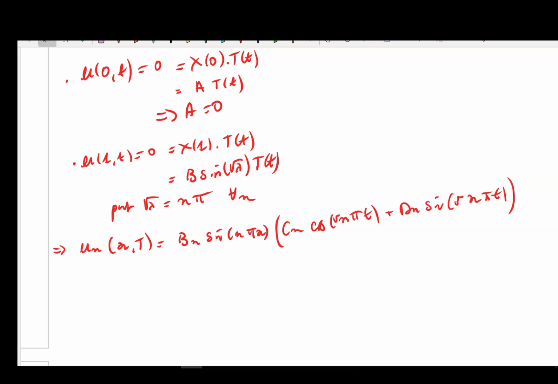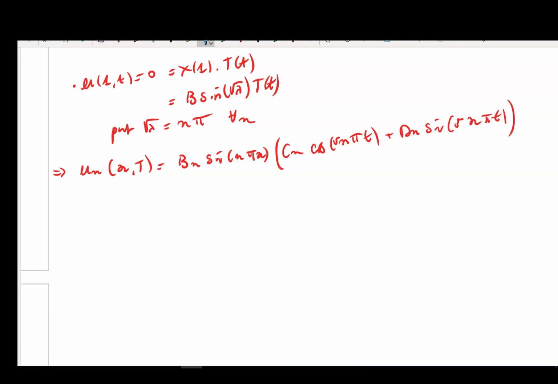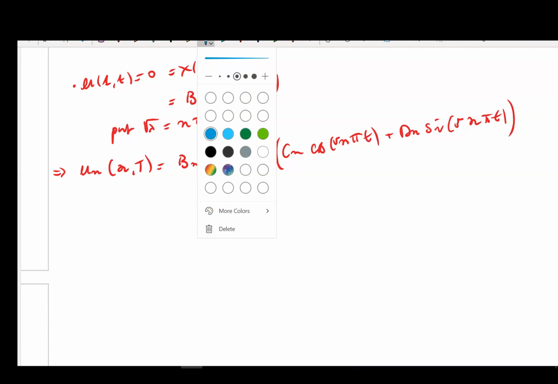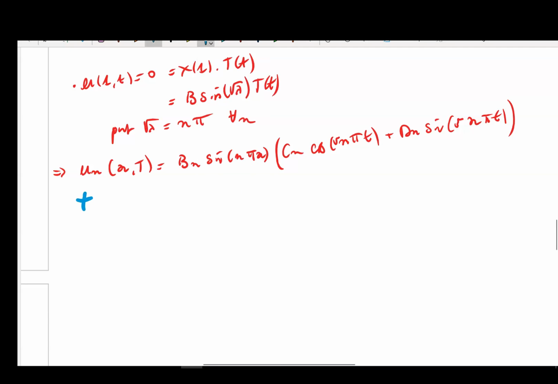So now we use the superposition principle. What is that? It's just the fact that you have a linear equation. So if you sum, and it's homogeneous, even if you sum the equations corresponding to different solutions, it's just going to still be a solution.